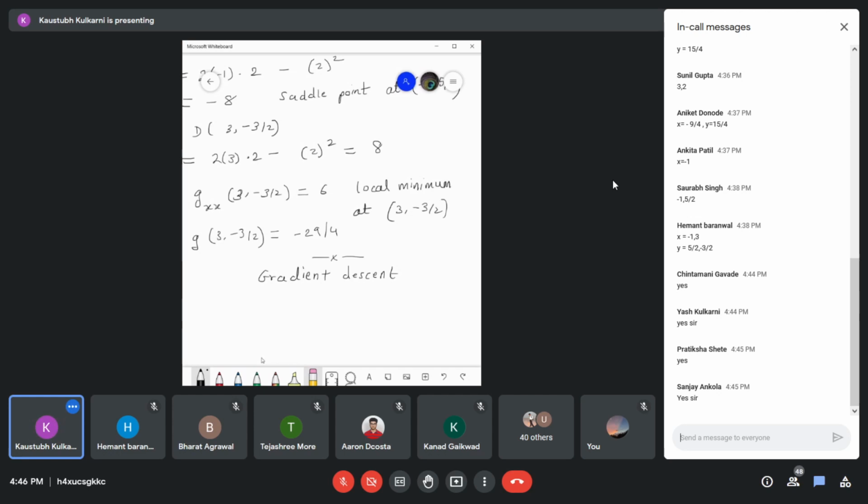So our goal here is to minimize the error function. The error function is also called the loss function, nothing but the same as the error function, and we want to minimize it.